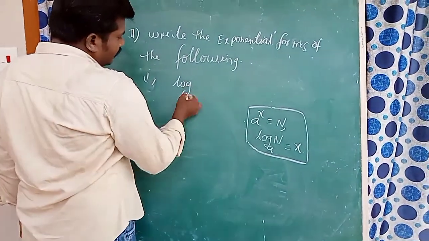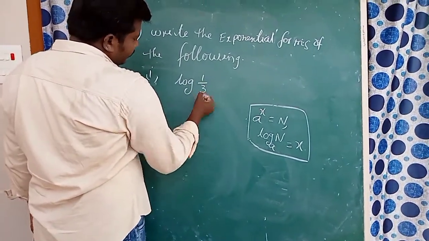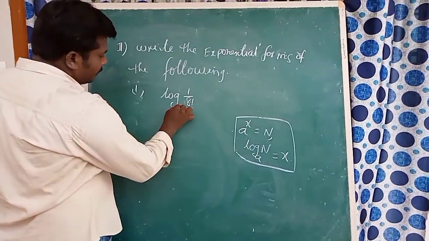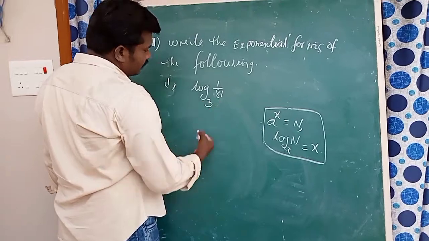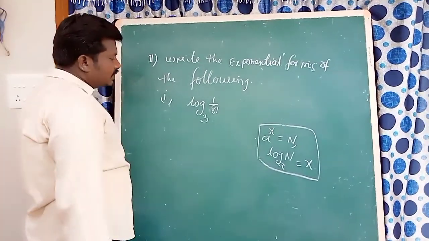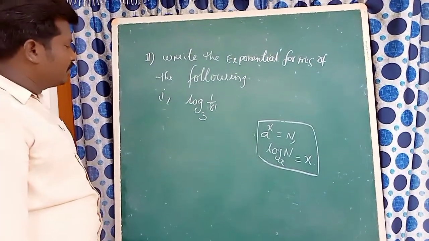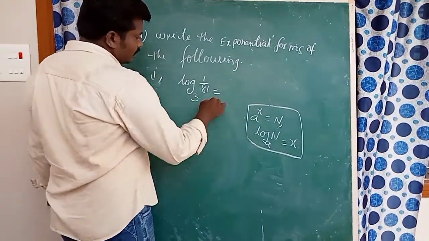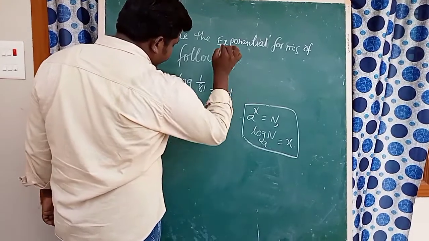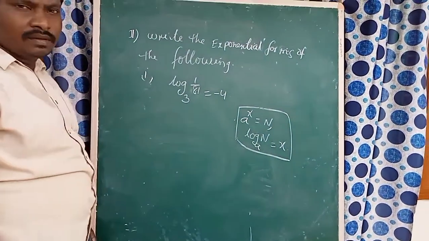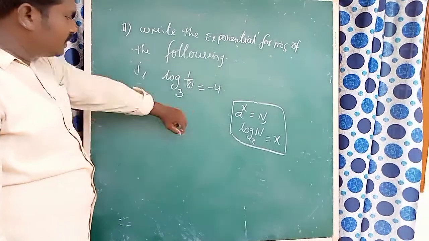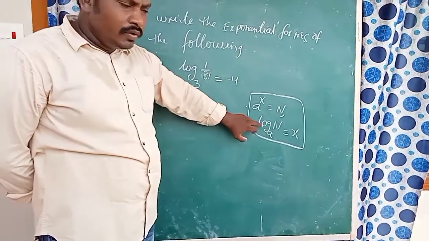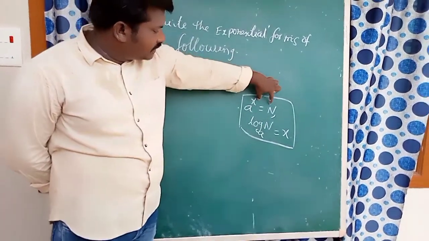The first one: log 1 by 81 base 3 is equal to -4. Observe this one. The logarithm form is given, and we want to convert it into exponential form.